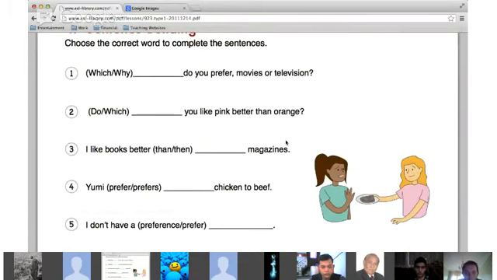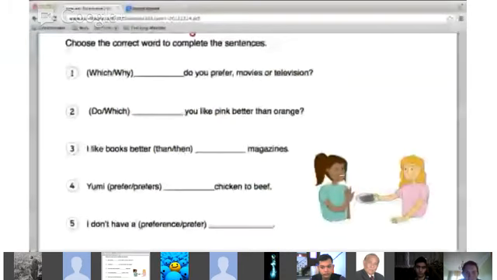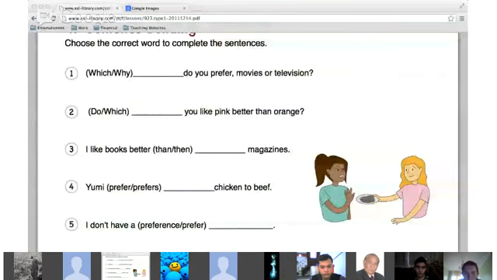Here we need to choose the correct word that would fill in the blank. My last readers, I believe, were Flavio, and I don't think Fuad has read. Fuad, let me have you read number 1 and choose the correct word that would fill in the blank, please.